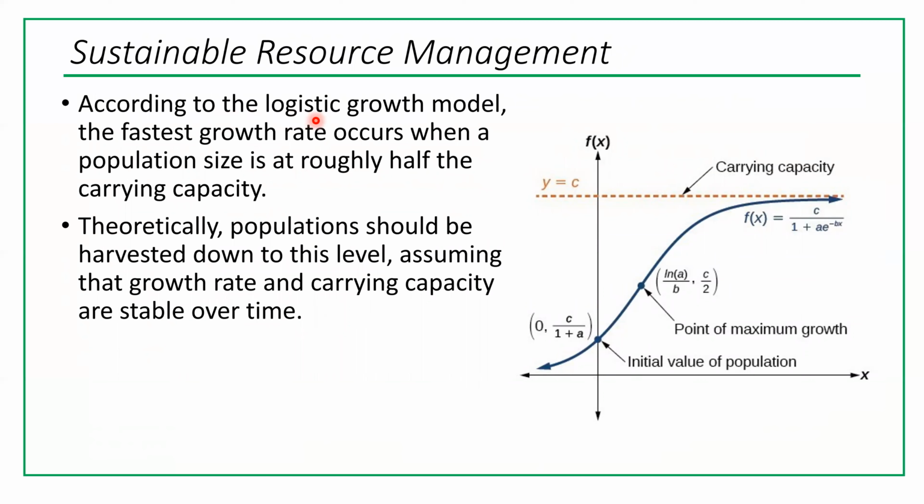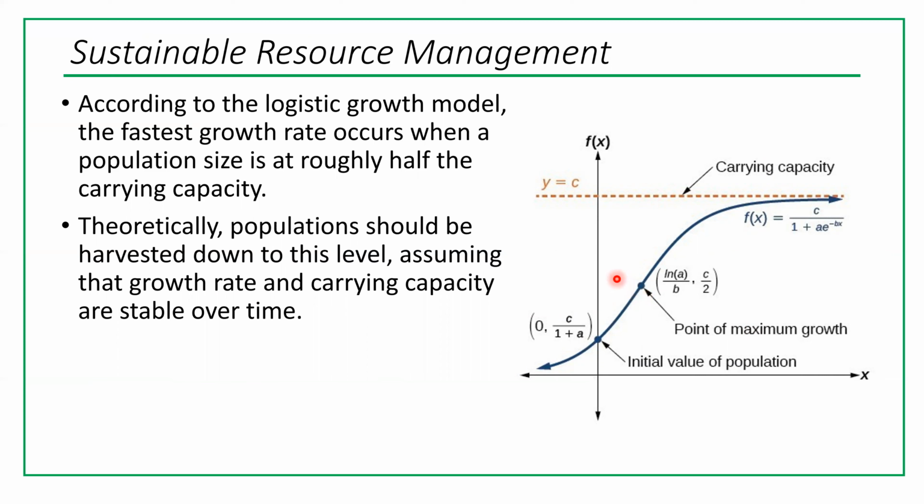So according to the logistic growth model that we just described, the fastest growth rate occurs when the population size is at roughly half of the carrying capacity. So when a population is growing exponentially and then reaching its carrying capacity, at what point is it growing the fastest? Right in the middle, right before it reaches the carrying capacity. This is the point of maximal growth.